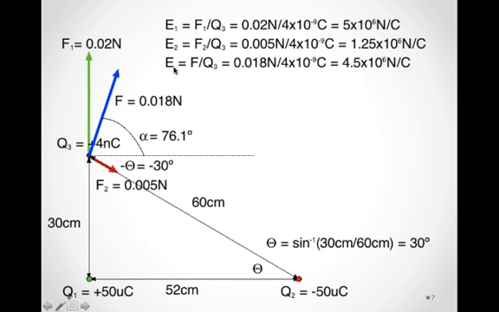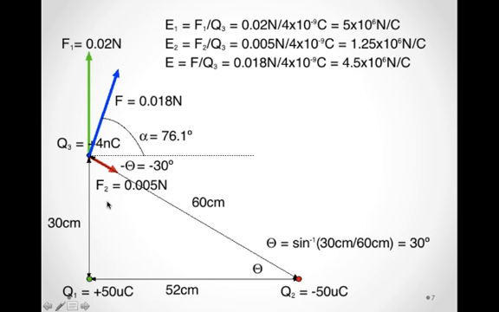And then the total electric field between these two, we could take the total force and divide by the test charge amount here and get our 4.5 times 10 to the 6 newtons per coulomb. So that's how we could find the electric field strength. And again, the vectors would all be pointing the same direction and have the same relative sizing and so forth. It's just that they'd be different numbers in these places.